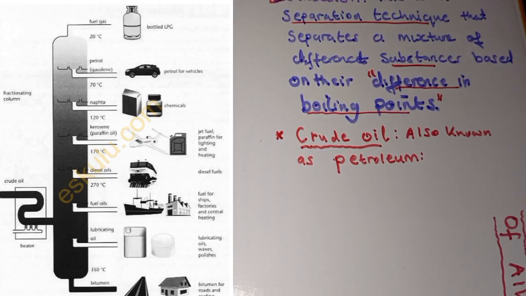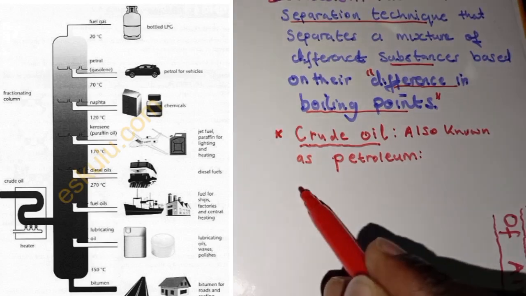You have different fractions: fuel gas, petroleum naphtha, kerosene, diesel, fuel oils, lubricating oil, and bitumen. You notice that they have different boiling points.